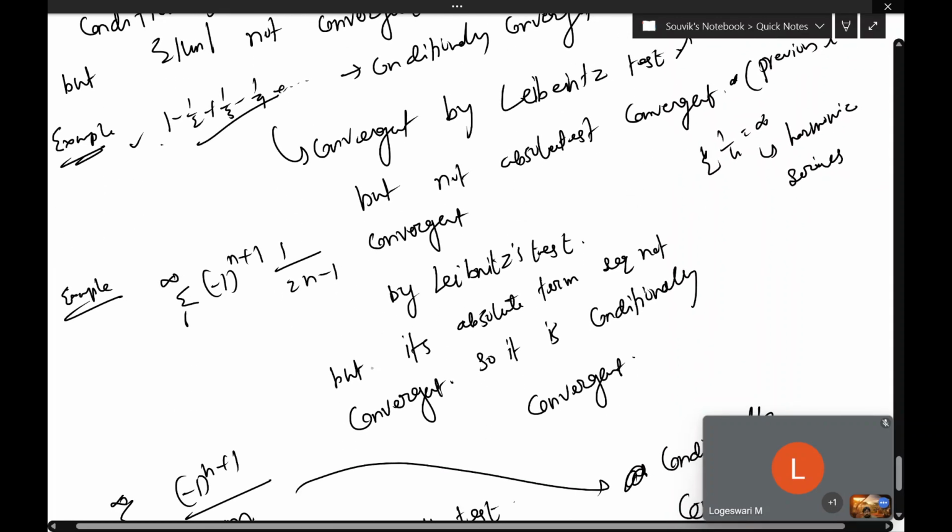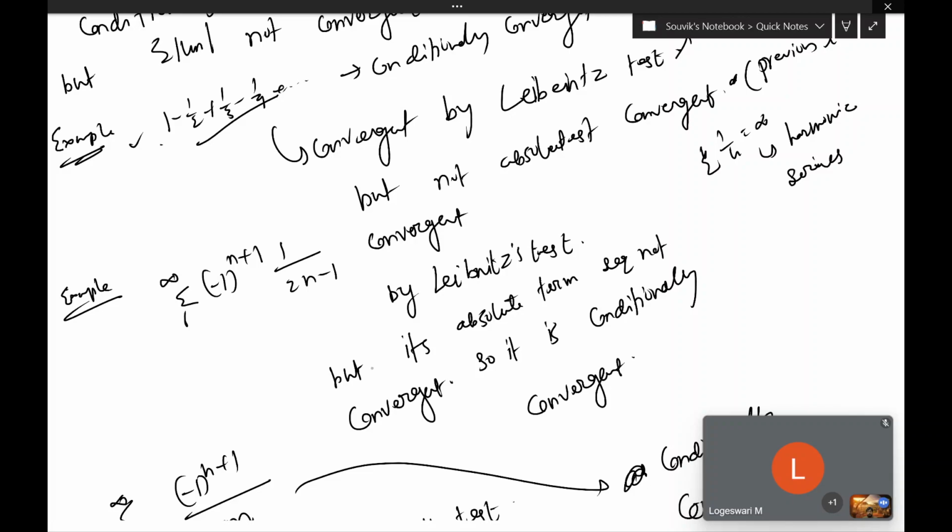Anyway, consider the example summation 1 to infinity of minus 1 to the power n plus 1 by 2n minus 1. This is convergent by the Leibniz test, because 1 by 2n minus 1 is monotone decreasing, and the limit as n tends to infinity of 1 by 2n minus 1 is 0.